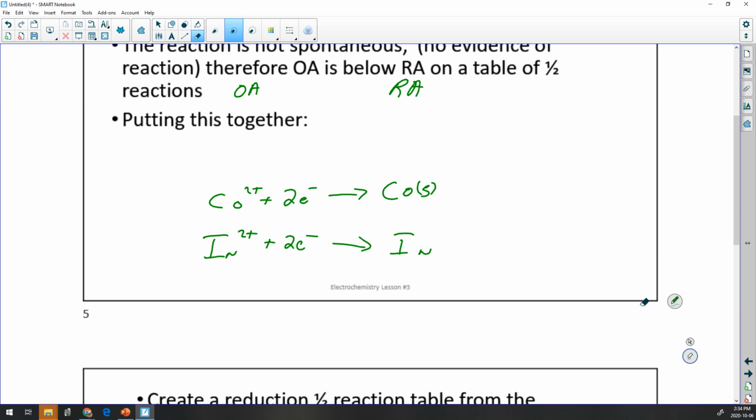The next thing that we had, our second one, we had copper 2 plus in a spontaneous reaction with cobalt solid. So again, it must be above. And I'm just going to finish off the half reaction, although I will need 2 electrons.